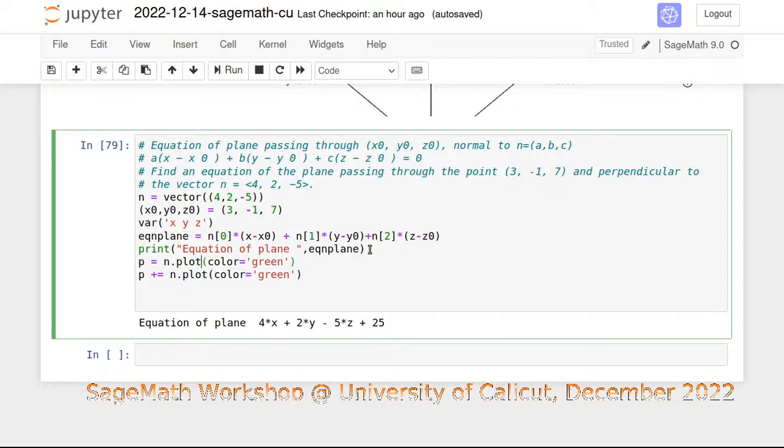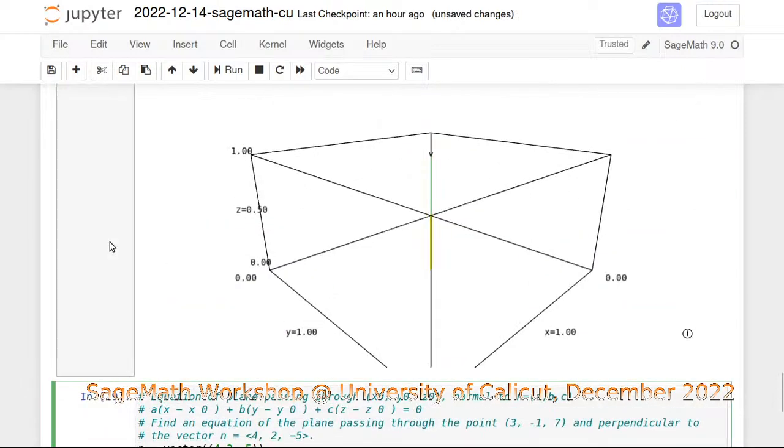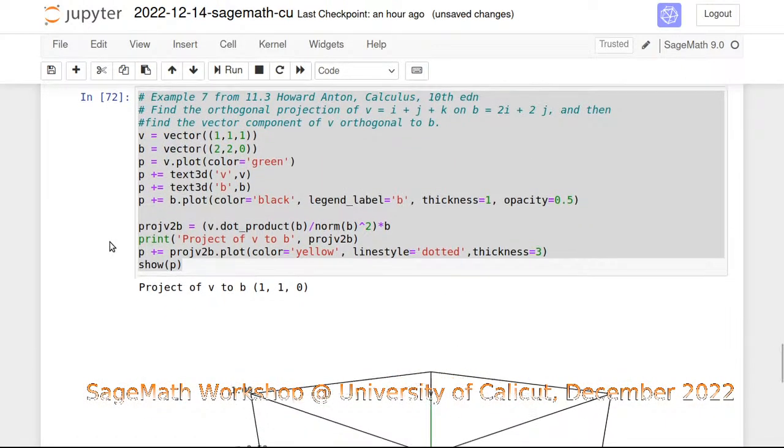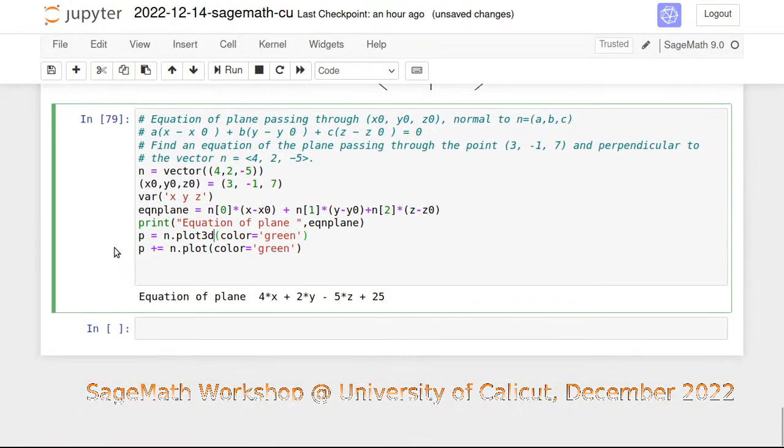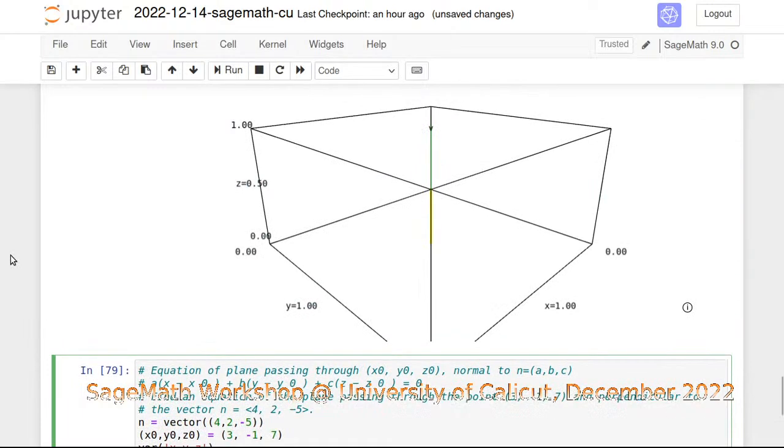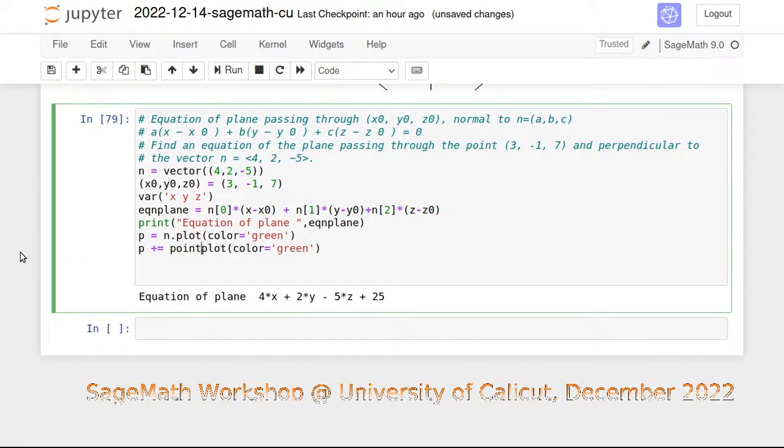This is plot 3D we used, or just plot we used previously. Let's see, just plot is good enough. I don't know if plot 3D will work, we have to see that. Next is the point. I think we used just point, size equal to 50.